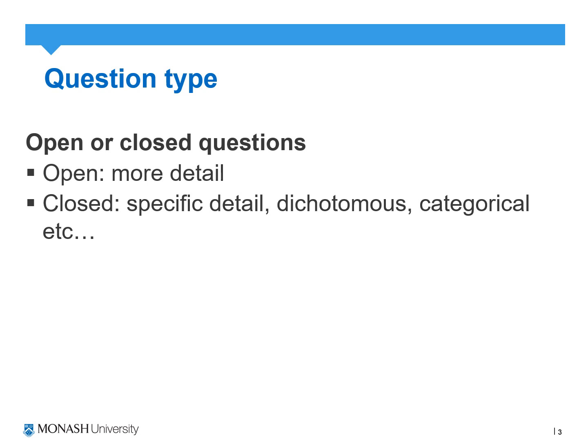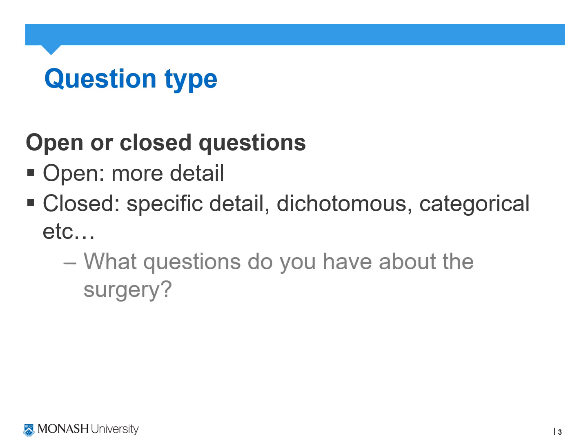For example, do you have any questions about your surgery? So a closed question typically results in a yes/no, dichotomous response, and it provides a specific response to your question.